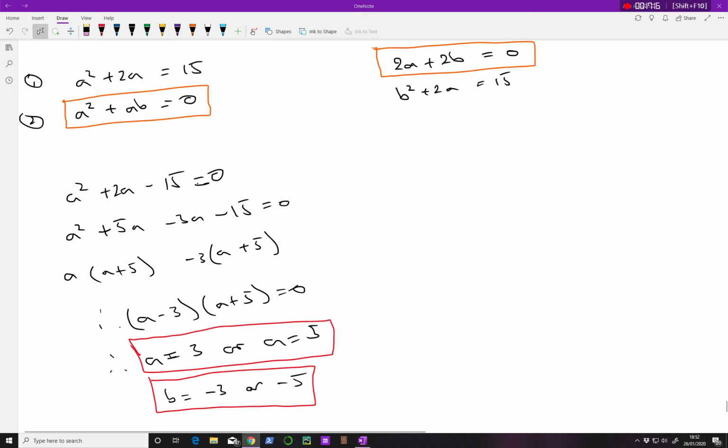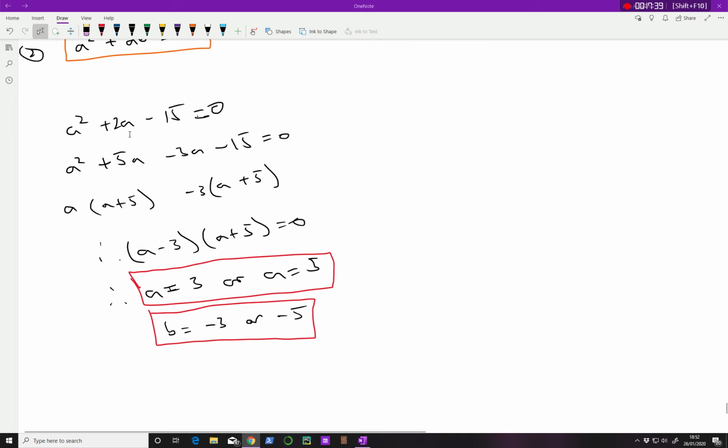I'm not going to go far into the elimination of whether b is minus 5 or minus 3, or a is 3 or 5. That's just a couple of lines of plugging them into the original equations and seeing which one fits.